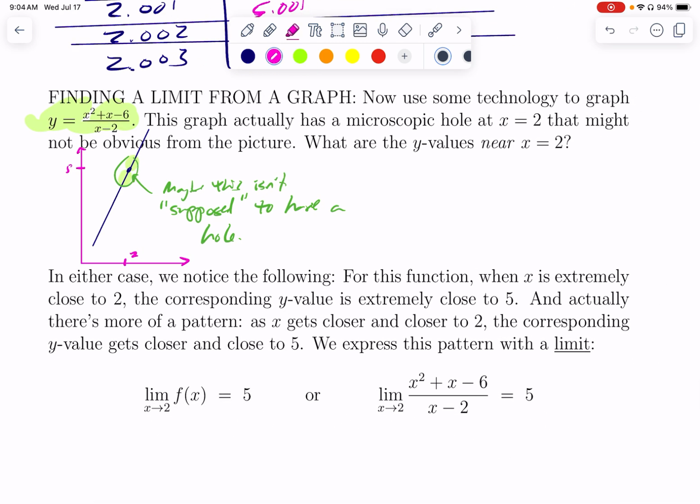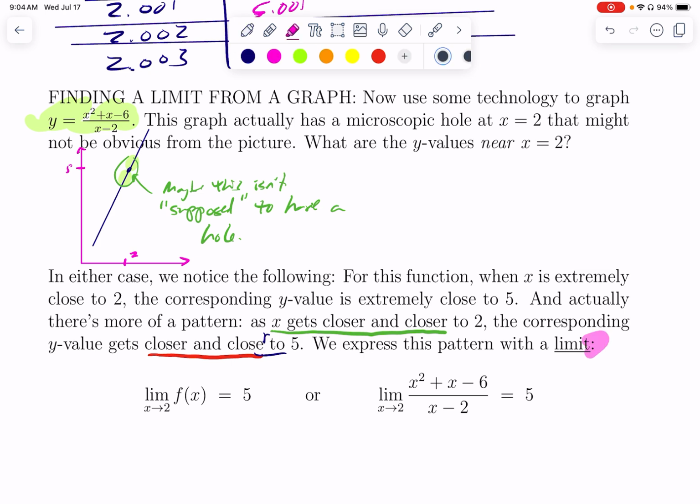What we'll notice is as x gets closer and closer to 2, y gets closer and closer to 5. So it's not just about being nearby, but there's kind of a pattern. If x is getting really, really close to 2, then y is getting really, really close to 5.